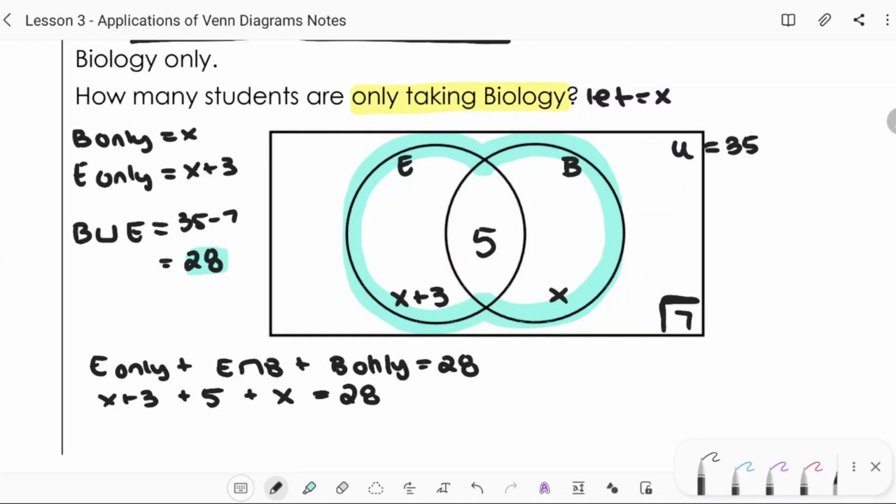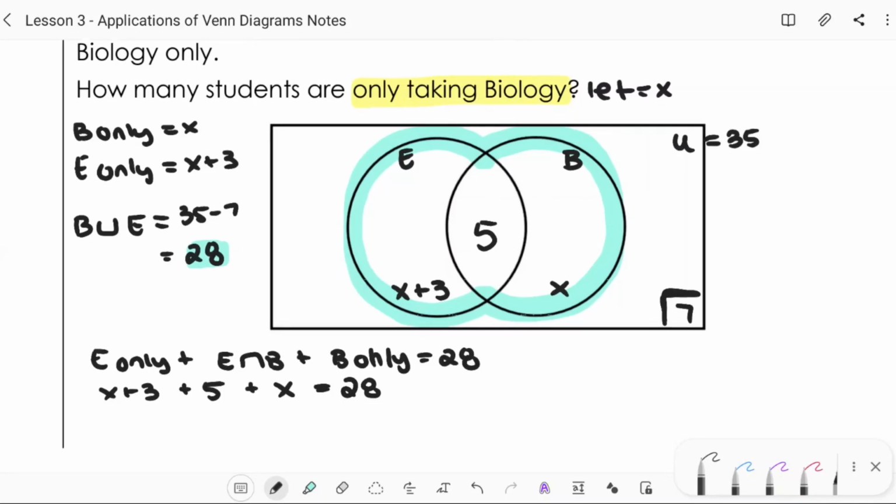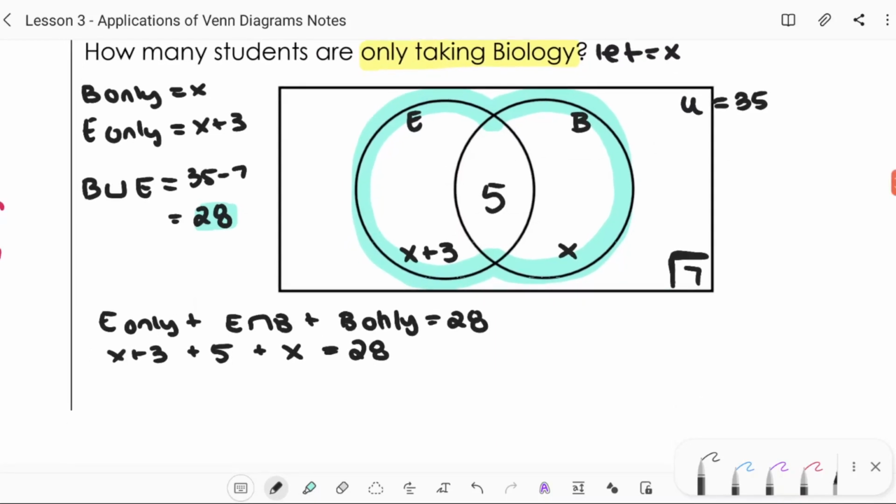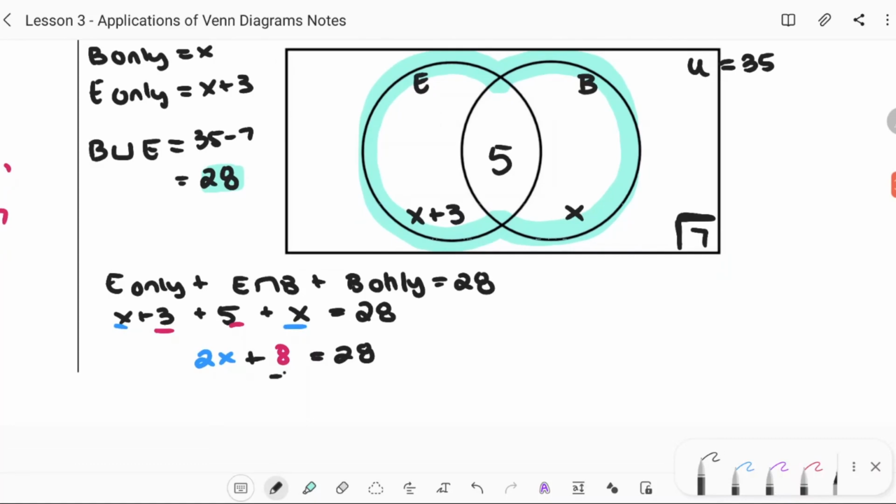And if I solve for X, what I'm solving for is biology only. So let's go through the ringer. I'm going to add my like terms. I have an X plus an X, so I get 2X. I have a 3 plus a 5, so I get plus 8 equals 28. I'm going to isolate X, so I'm going to bring that 8 to the other side, subtract 8 from both sides.